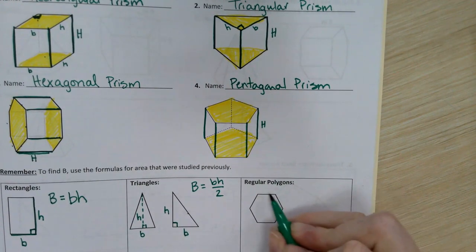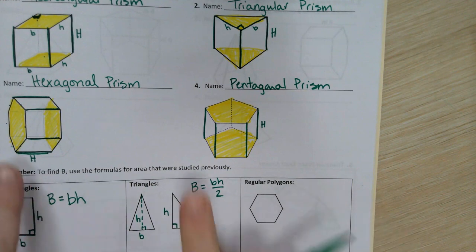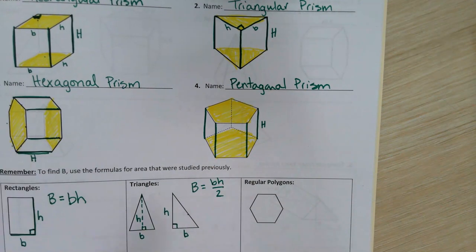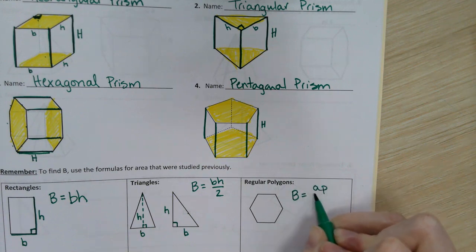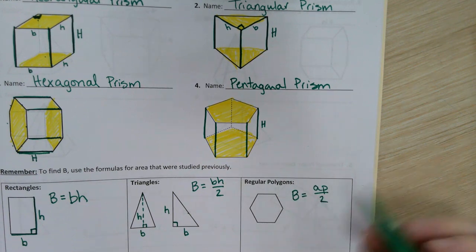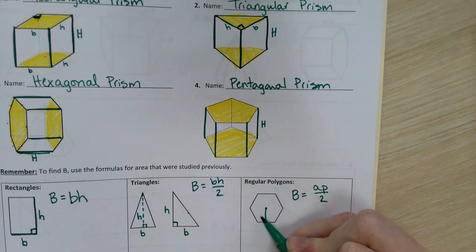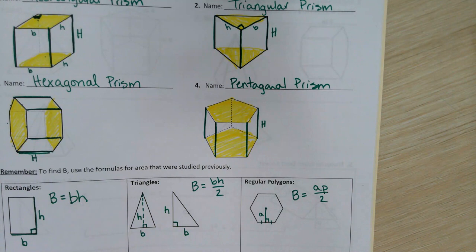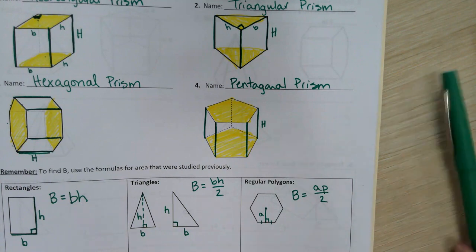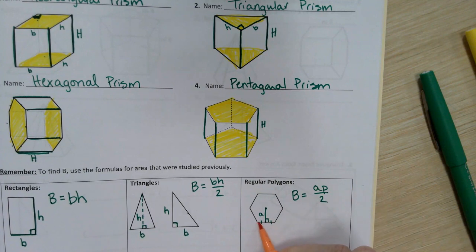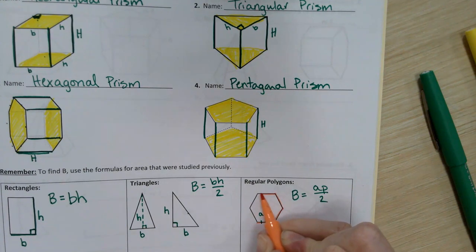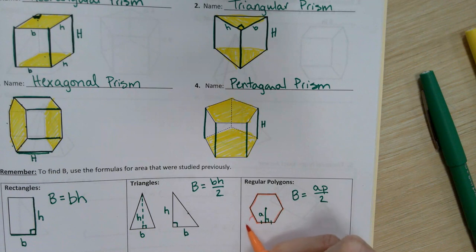All right, and one more. If our base is a regular polygon, which is what we have going on in these two situations, then that capital B formula is going to be AP over 2. Remember that A was the apothem value that was perpendicular and intersected that side at the midpoint. And then the P, grab a different color, was the perimeter all the way around that shape.